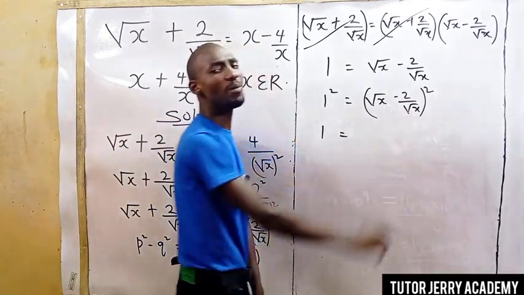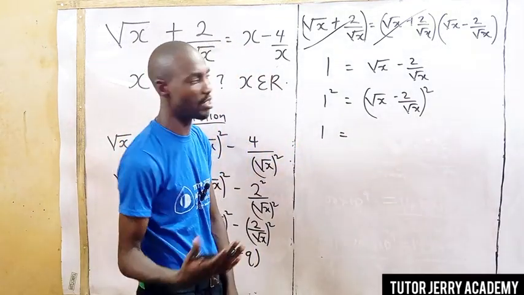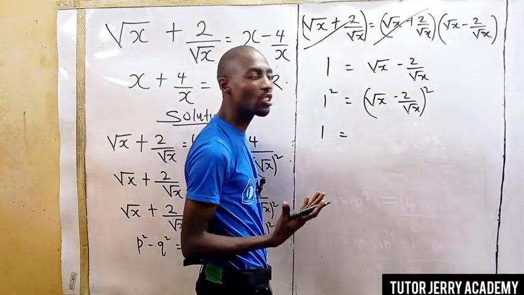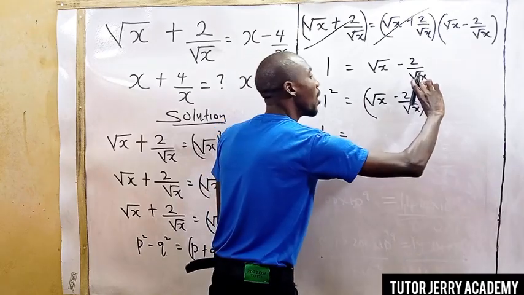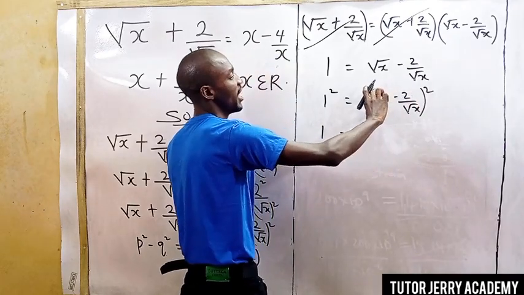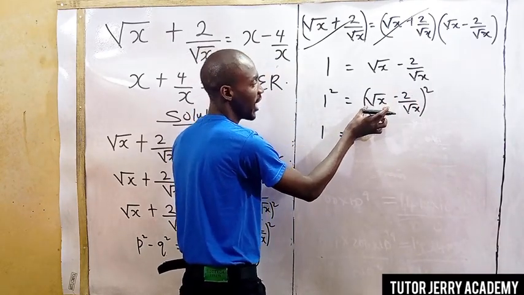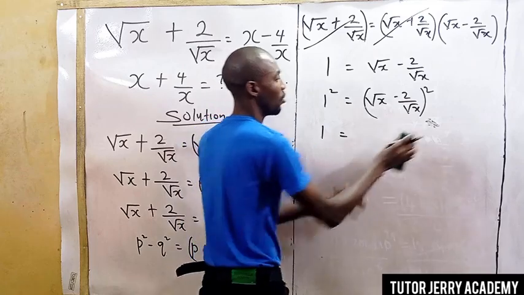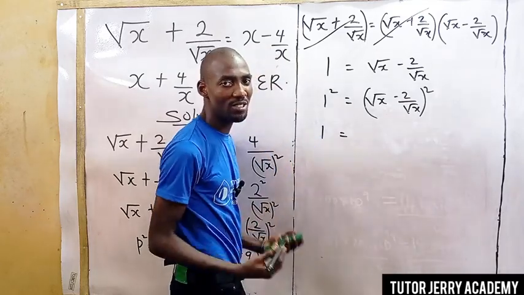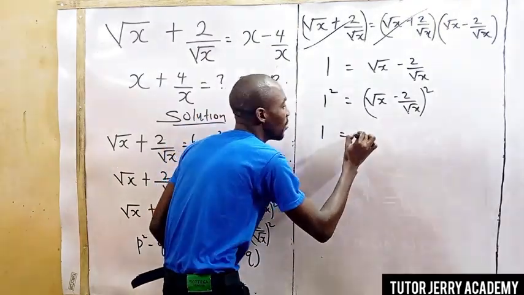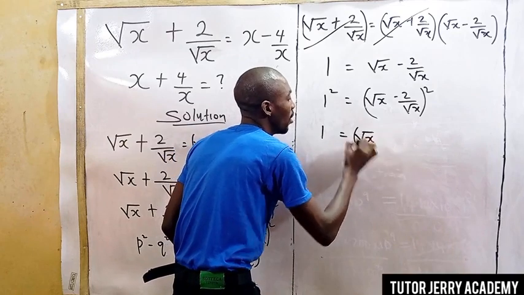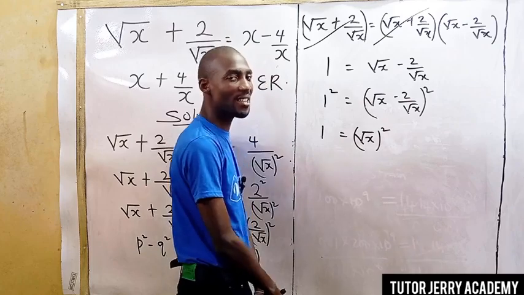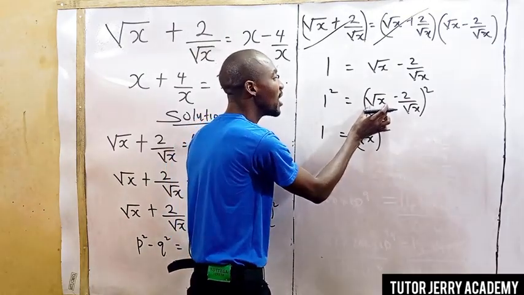Now, I hope you still remember how to expand this, the shortcut. For us to expand this, the first thing we do is we put our square on this root s. If you put your square on root s, we are going to have something like this. Okay, let's write it out so you'll see everything. You know, I love simplifying things for you. All right, so I'm going to have root s all squared. Now the next thing is I'm going to multiply what is here with what is here.